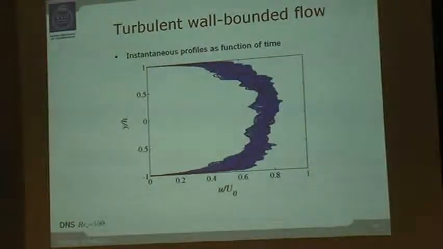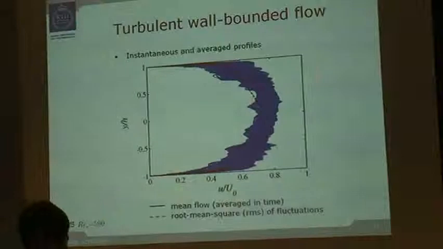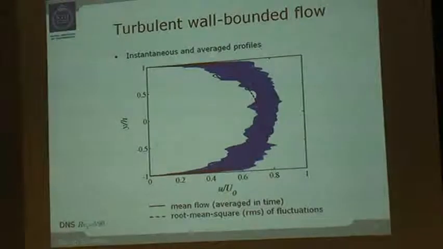This is exactly what the Reynolds decomposition, the decomposition into a mean part and a fluctuating part, is all about. So we can now define a long-time mean, which is the solid line, and we can define the fluctuation around the mean by means of the RMS fluctuations around it.